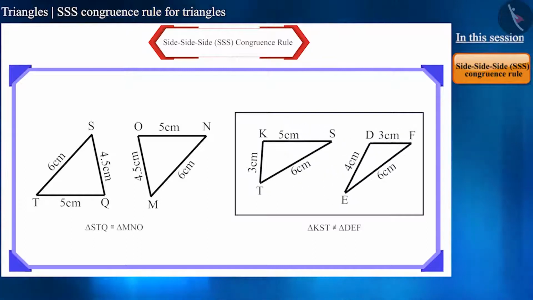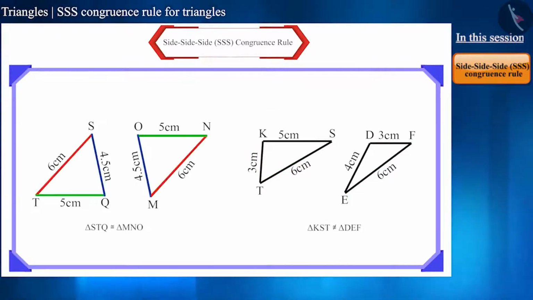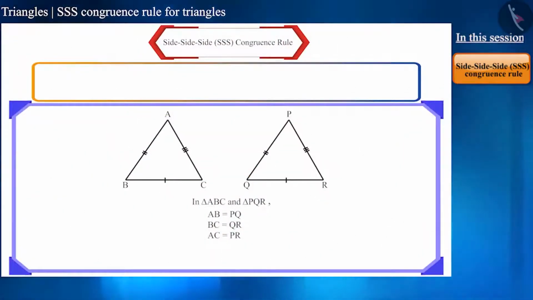So, we can say that for two triangles to be congruent, two sides being equal is not enough. Here, for triangles to be congruent, all three sides should be equal. We can write this conclusion in the form of a theorem.